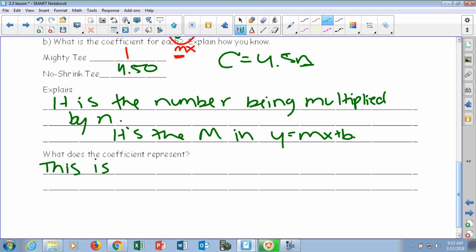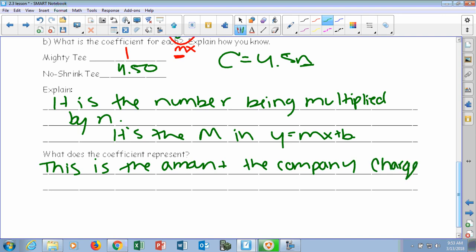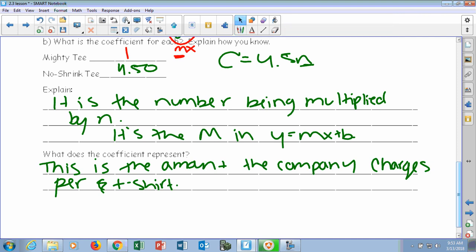So this is the amount the company charges per t-shirt. So depending on Mighty T's, which is 1 per t-shirt, no shrink is $4.50 per t-shirt.